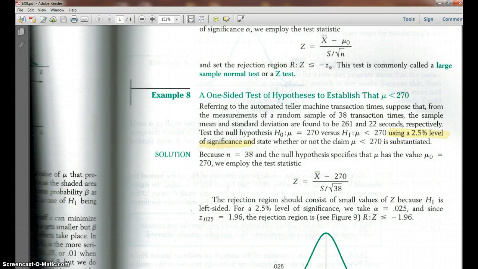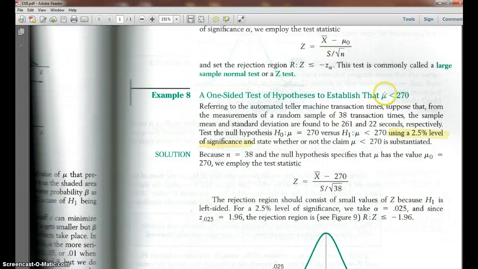For example, what if we got 269? If we get 269, should we support the seller's claim that the population mean is less than 270? Not necessarily, because 269 is only the sample mean, it's not the population mean. So the sample mean being 269 does not guarantee the population mean is going to be less than 270.